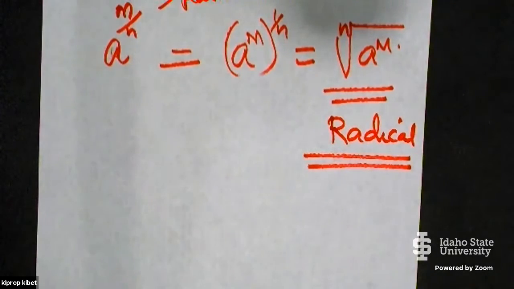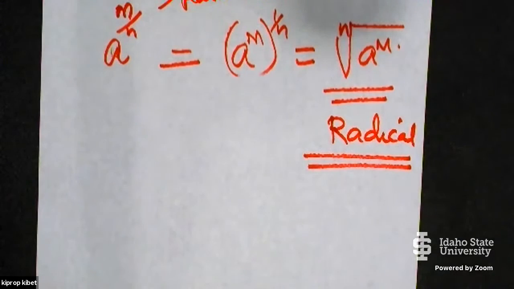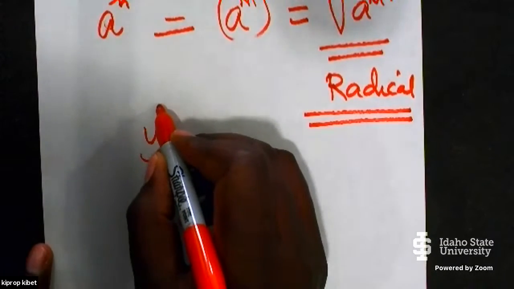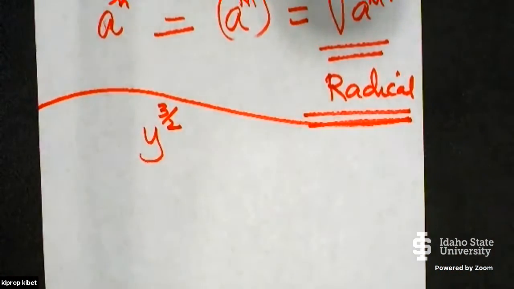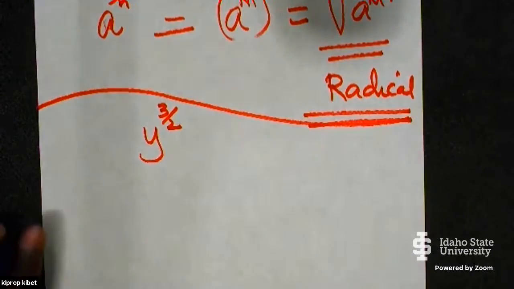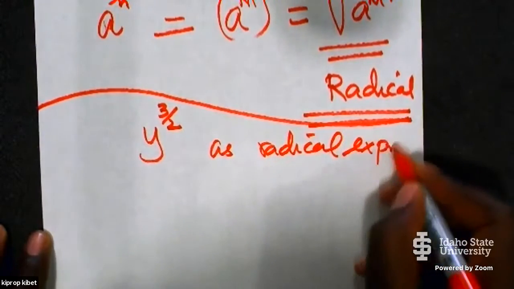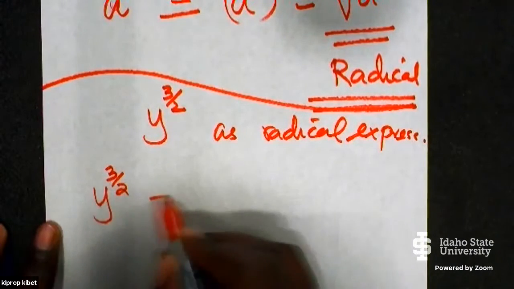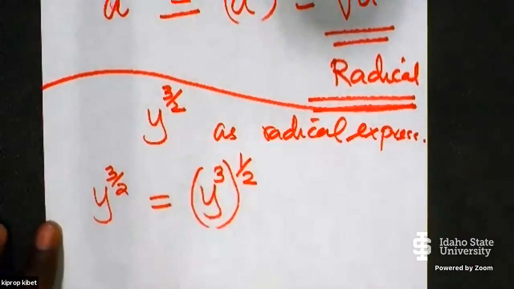Now, for example, y raised to 3 over 2. Write this one as a radical expression. So y raised to 3 over 2 is similar to y cubed, all this raised to 1 over 2.